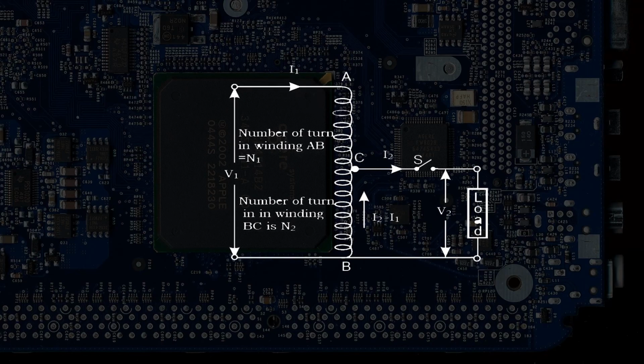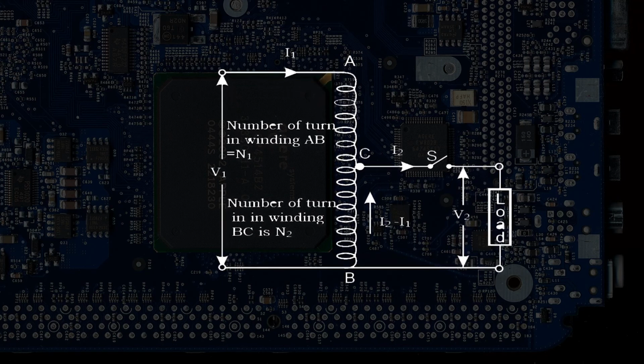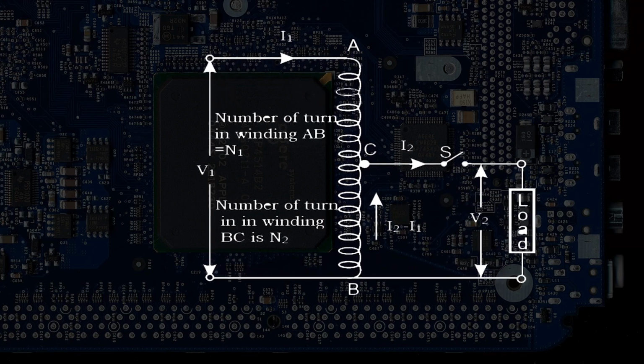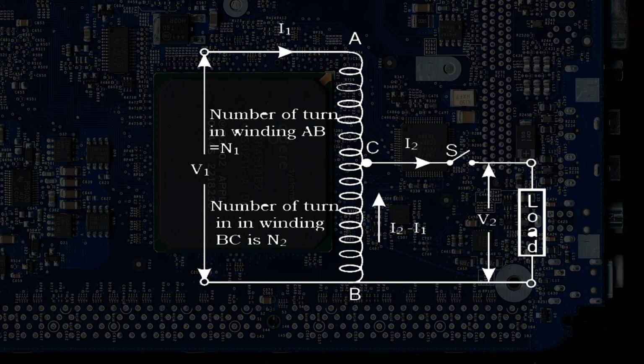So here in the circuit diagram you can notice that at the coil AB the applied voltage is V1, and the number of turns in the winding AB is N1, and the number of turns in the winding BC is equal to N2.